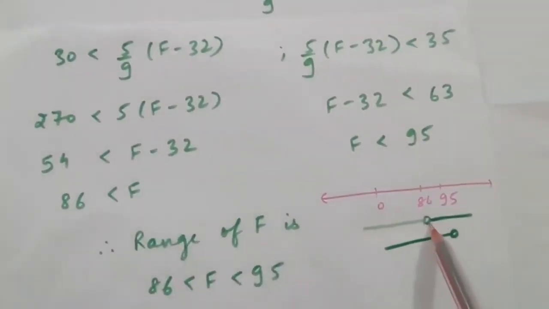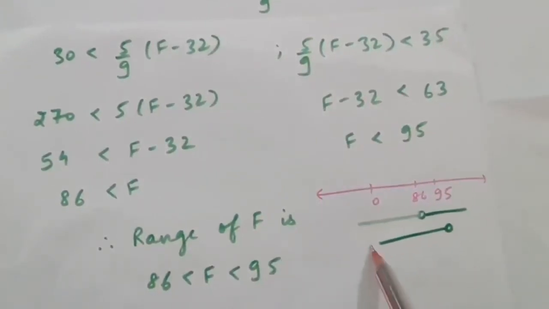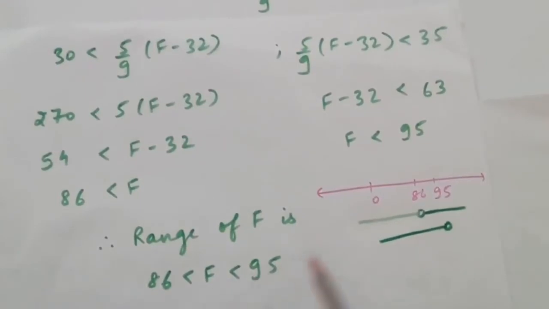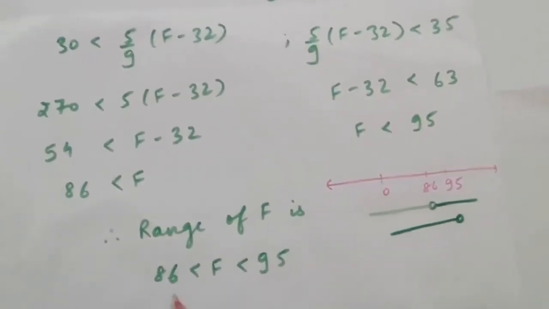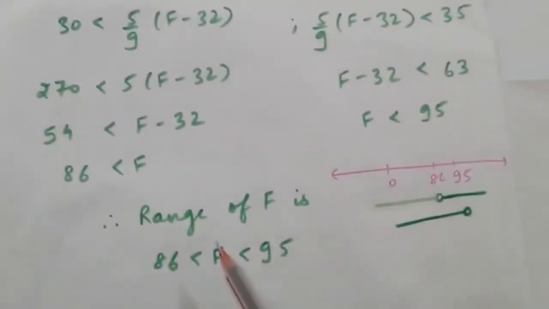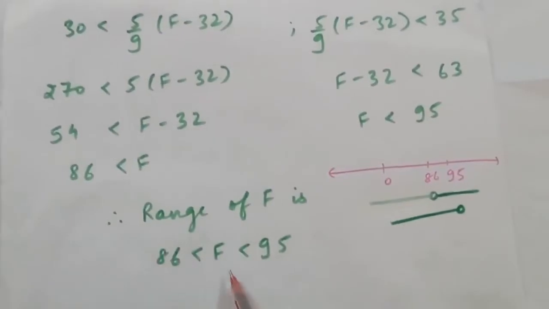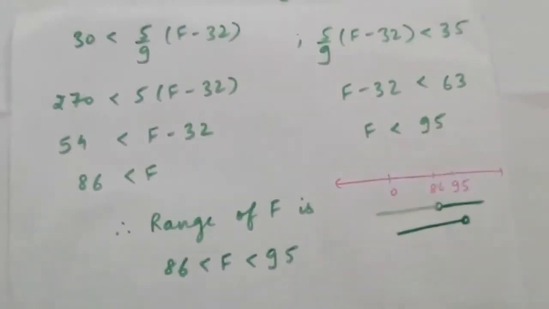As equality is not there, an empty circle will come. Greater than 86 and less than 95. So the intersection will be from 86 to 95, right? And open brackets will come, as we have just written the range of F. F is greater than 86 and less than 95. Clear?